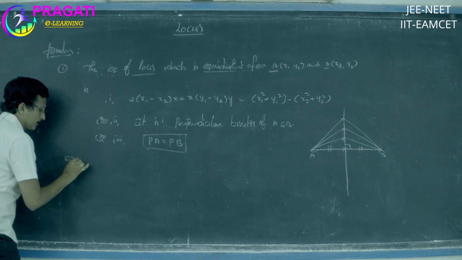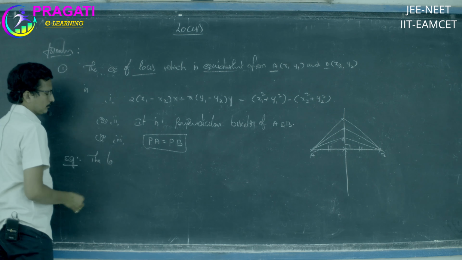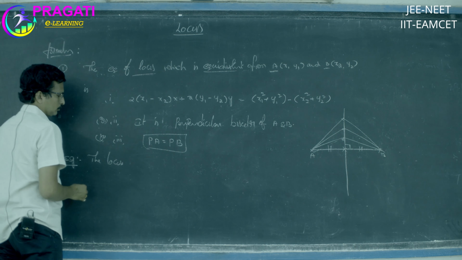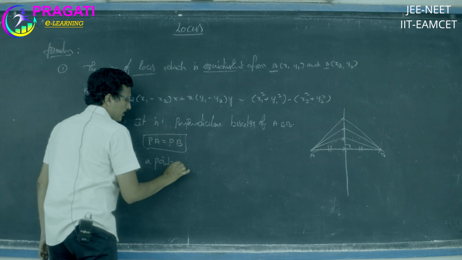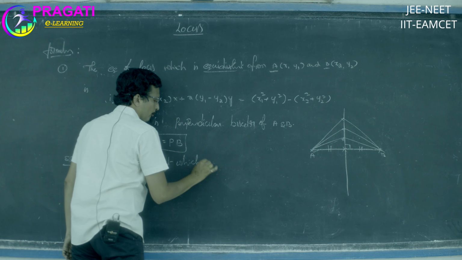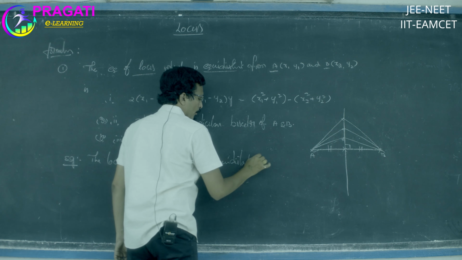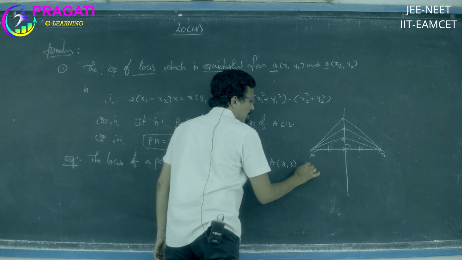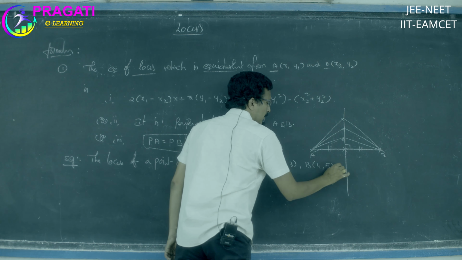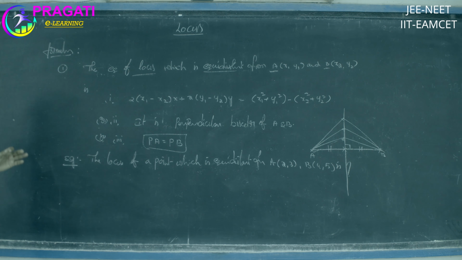The example is, the locus of a point which is equidistant from A (2, 3) and B (4, 5).